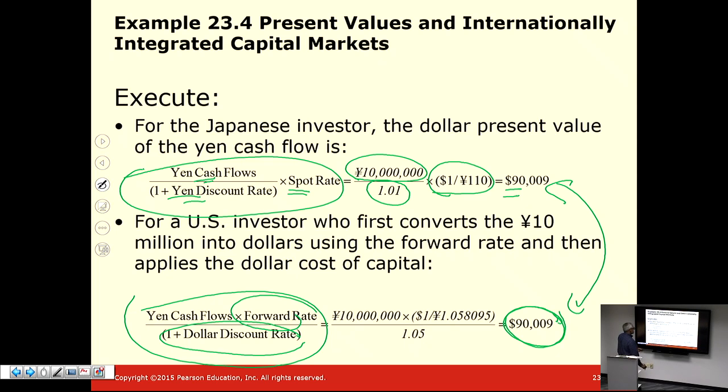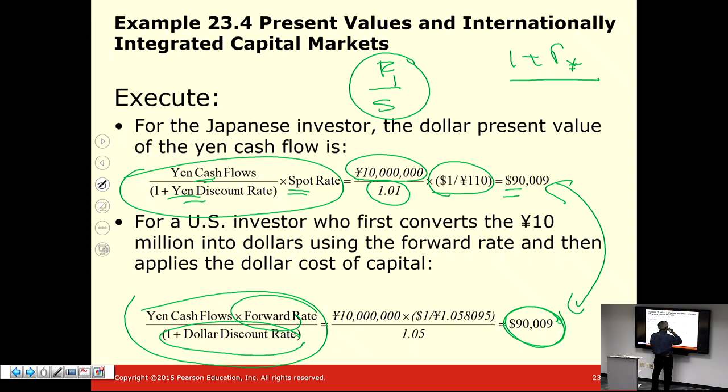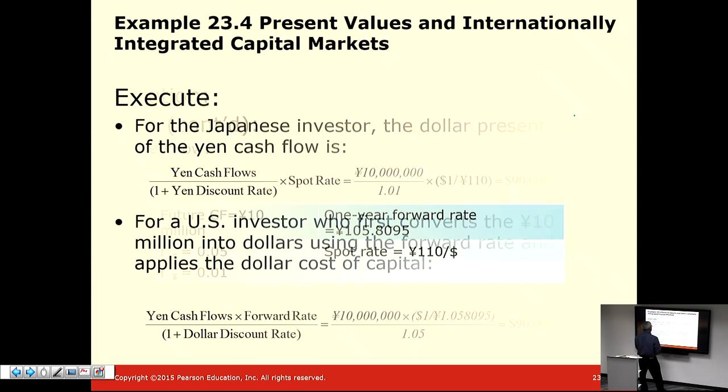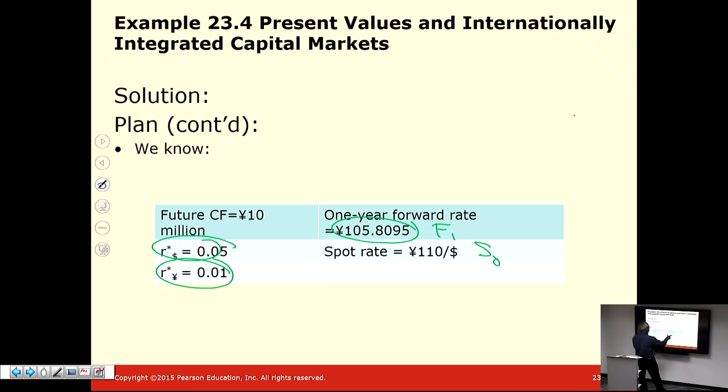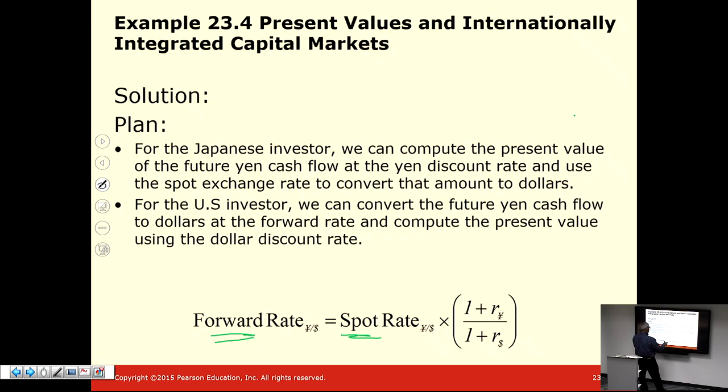Another way to put this would be I would simply take F1 over S, calculate the ratio of yen plus dollar, because the exchange rate is quoted in yen over dollar.